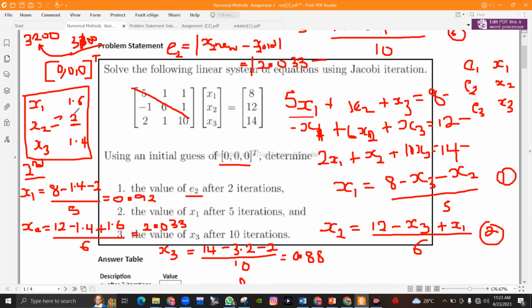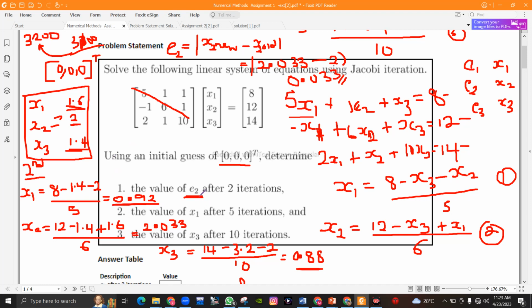This is the old value that we are using, 2. So we subtract this, and I'm going to have 0.033 as our error. So that's the error 2. But if the question requires error 3, you'd use 0.88 minus 1.4. If it asks for error 1, you use 0.92 minus this. So that's the meaning of these two that we have here.